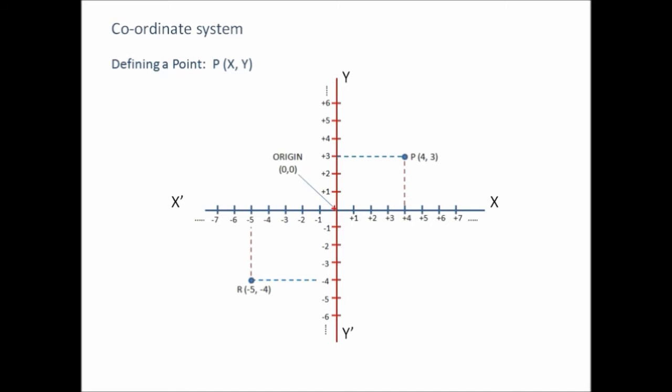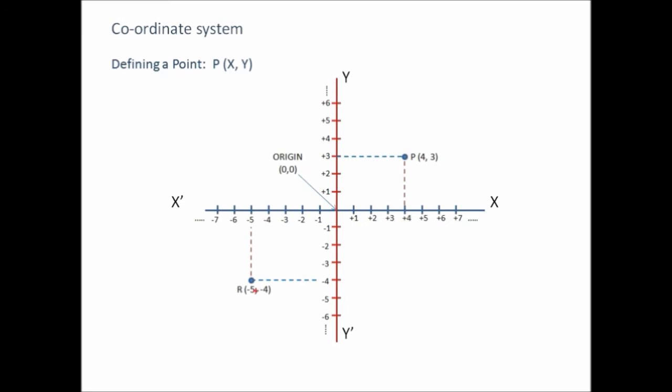Similarly, from origin we will move 3 points in y direction and from there we will draw a line parallel to x-axis. The intersection of these two lines will be the location of our point P, which we have mentioned by 4, 3.